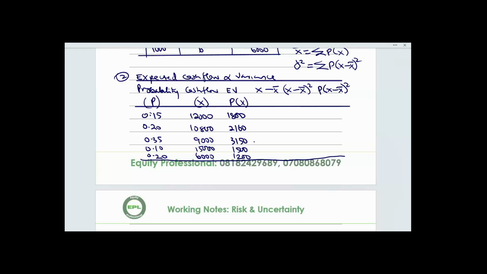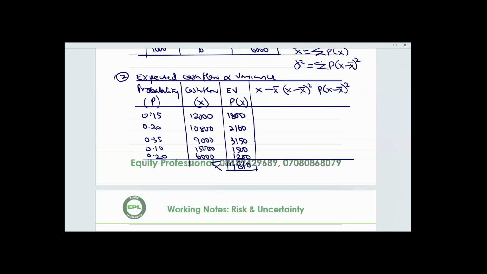Add up the expected value. What do you have? 9,810. That's the expected value, X bar.